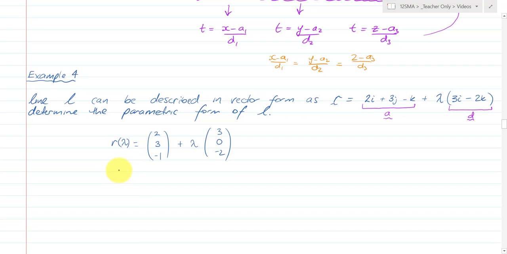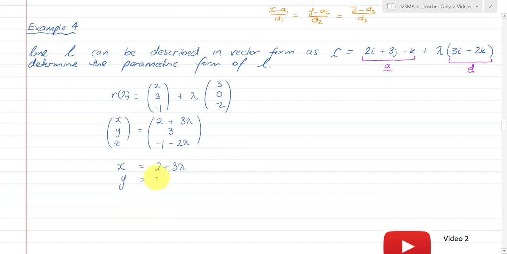And of course, r of lambda can now be written as (x, y, z) is equal to (2 plus 3 lambda, 3, negative 1 minus 2 lambda). And so, of course, this means that x is equal to 2 plus 3 lambda, y is just always equal to 3, and z is equal to negative 1 minus 2 lambda.